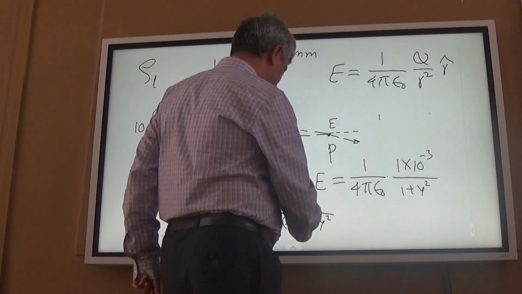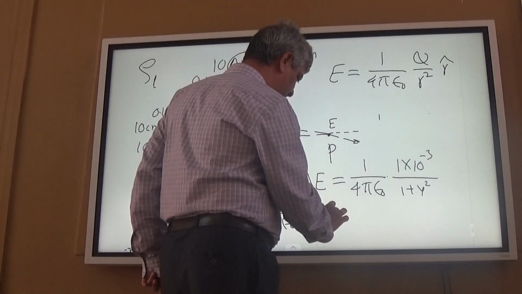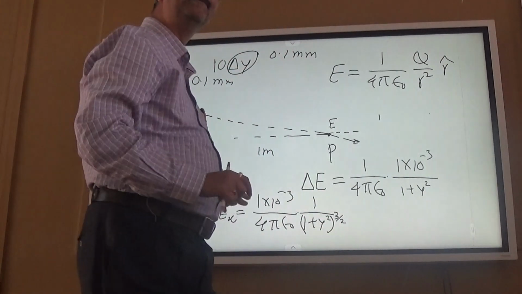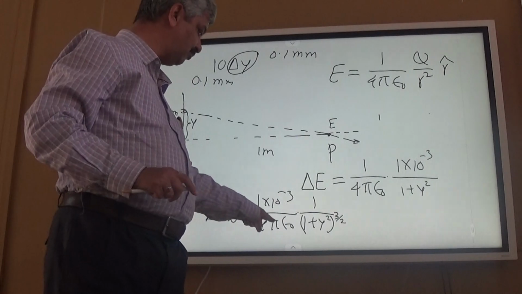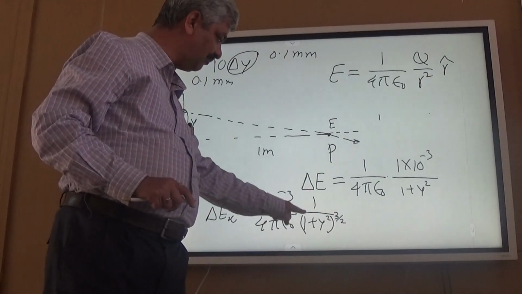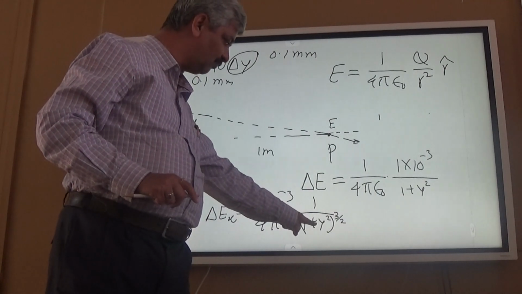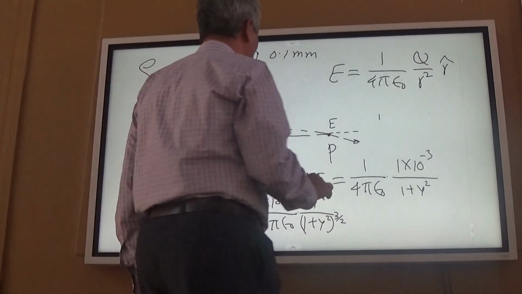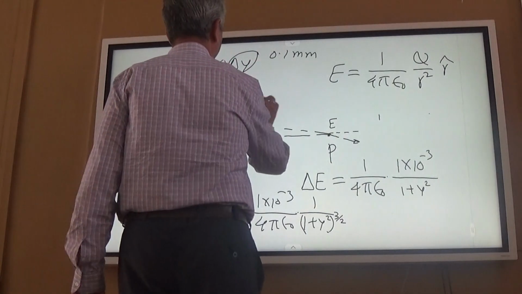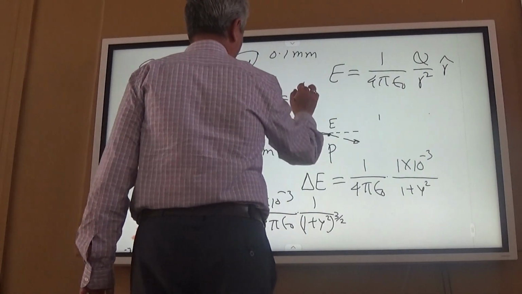So delta Ex is 1 into 10 raised to minus 3 upon 4 pi epsilon naught, 1 upon 1 plus y square into root of 1 plus y square. And what is delta Ey? Same except for the sine.